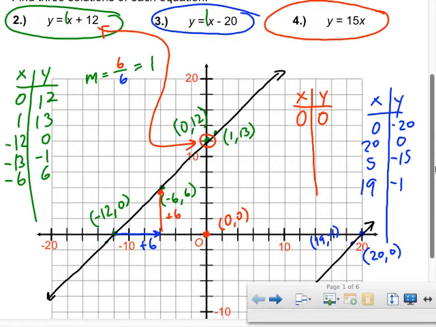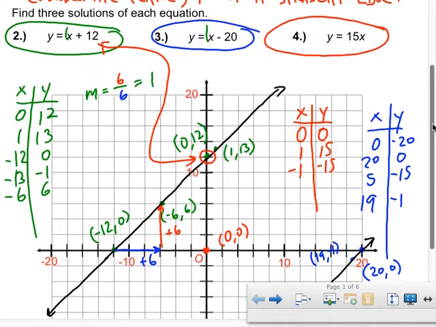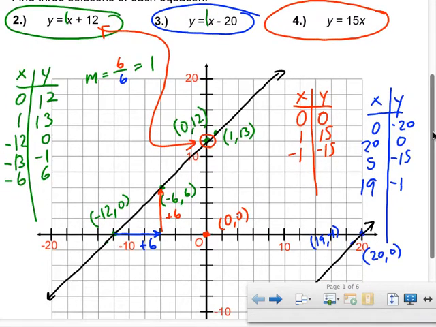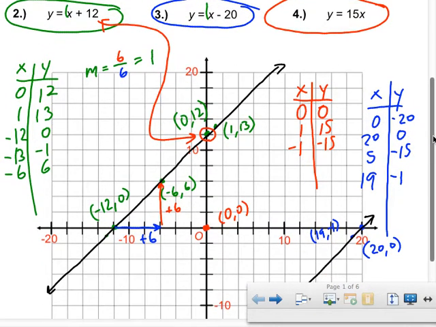1. Only 2. So if I input 1, I get back what? 15. What else can I input that will give me negative 1 gives me back what? Negative 15, right? And I'm going to do one more that's not on the grid. How about 2? 30. And what about negative 2? Negative 30.